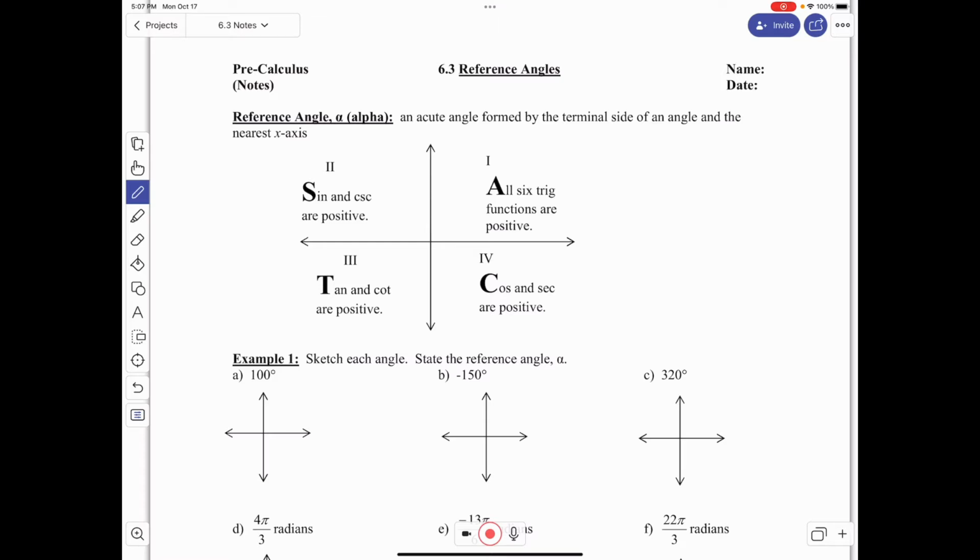All 6 trig functions are positive in quadrant 1, which we label as quadrant A. Sine and its inverse cosecant are positive in quadrant 2, and we call that one S. Tangent and its inverse cotangent are positive in quadrant 3, and cosine and secant are positive in quadrant 4.